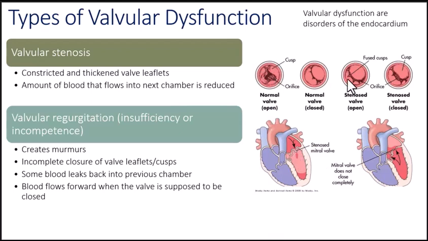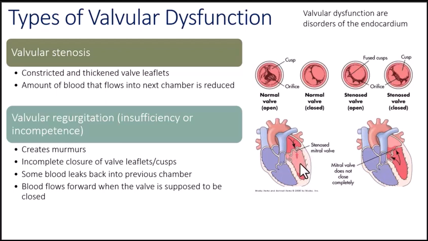So this is what open should look like. You can see it's constricted and narrowed here. And what this will do is impede the forward flow of blood from one chamber to the next and out of the heart. If we look here, in this example of stenosis of the mitral or bicuspid valve, the blood in the left atria is going to have a difficult time getting through this narrowed or stenotic opening.